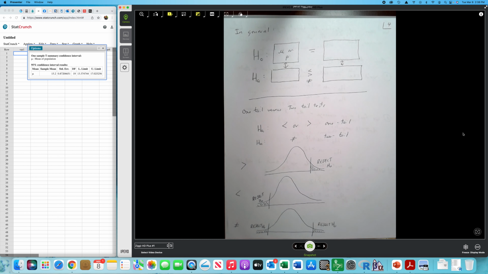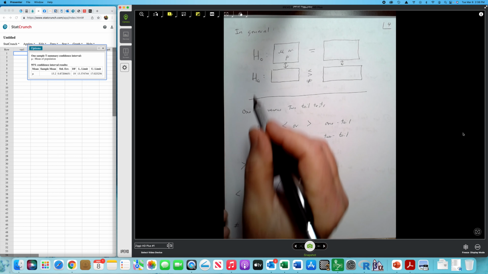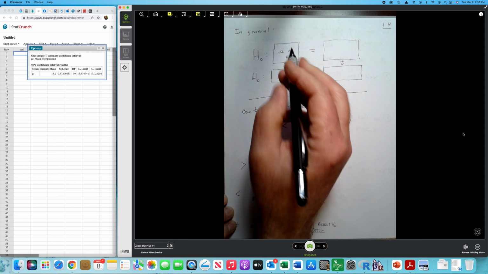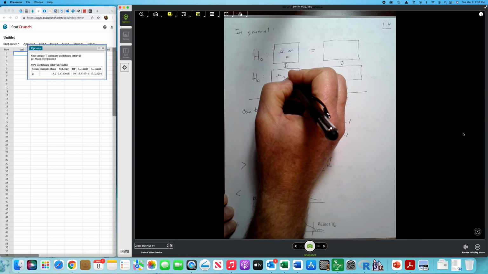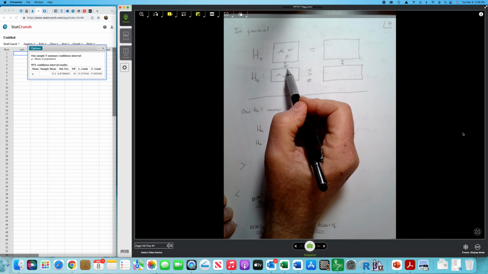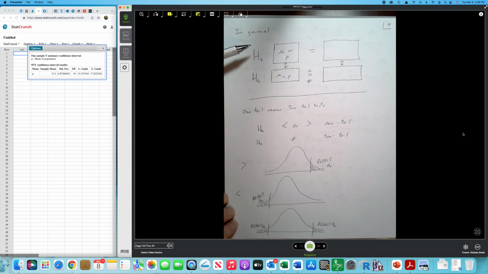It's mu or p, because mu is the notation that we use for the population mean, and p is the notation that we use for the population proportion. Whatever goes here has to go here. If mu is here, mu has to go right there. If p is there, p has to go right there.